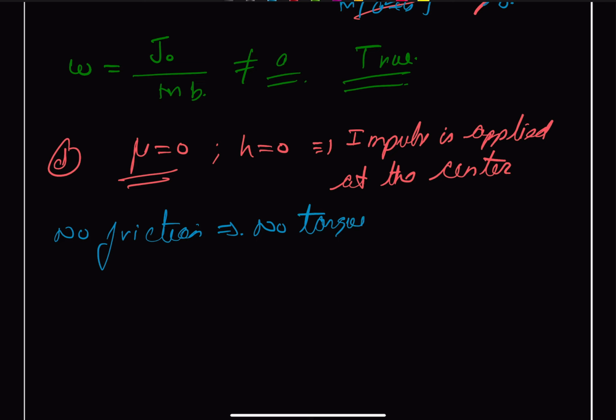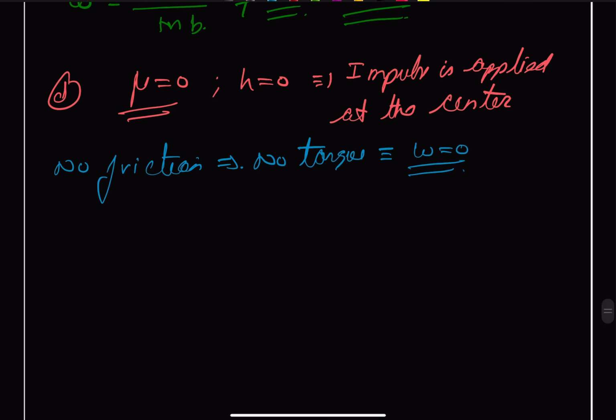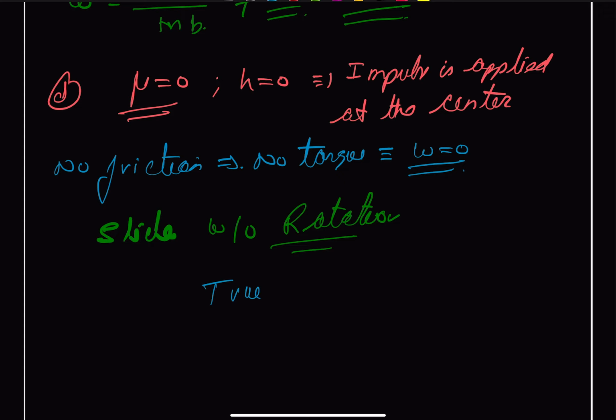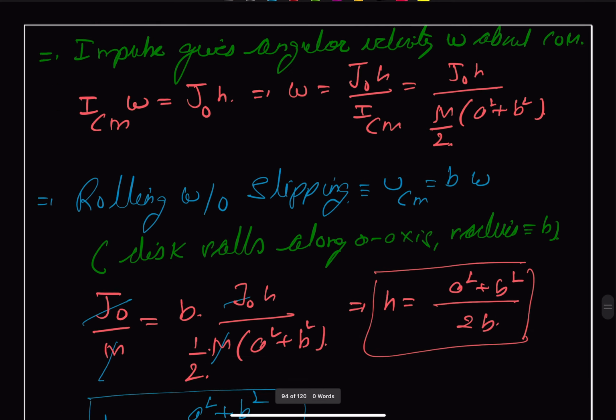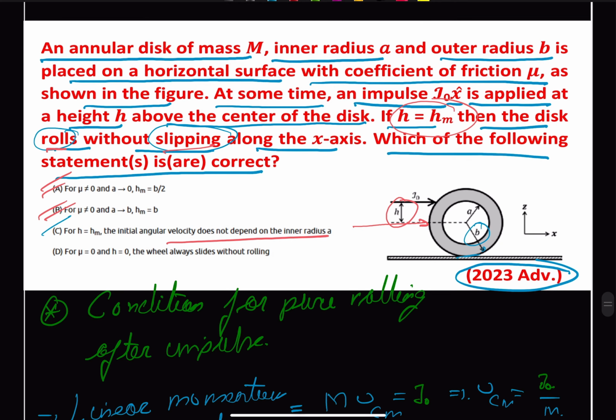If there is no torque, our omega will be equal to 0. Therefore there will be slide without rotation, because for rotation in general friction should always be present. So this D is also true. So all the options A, B, C and D are correct.